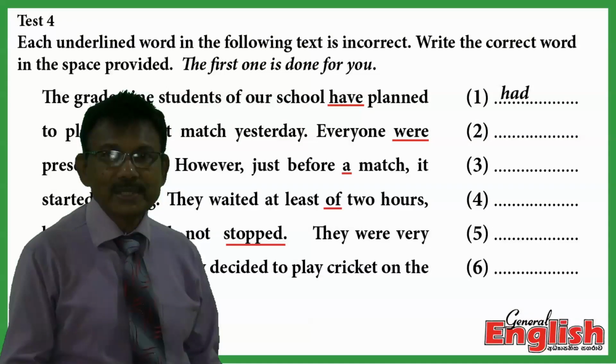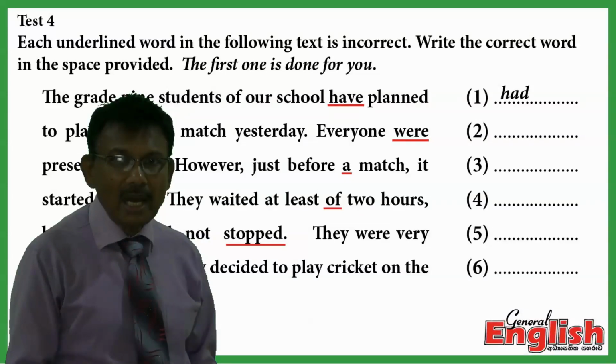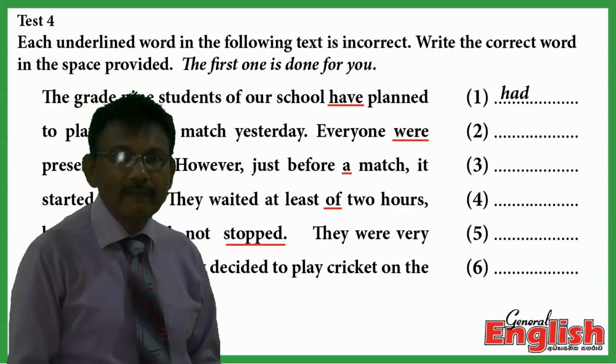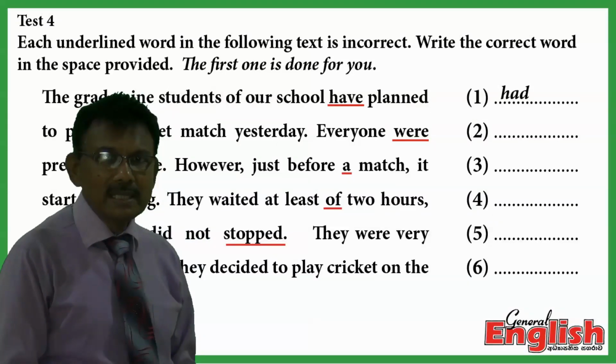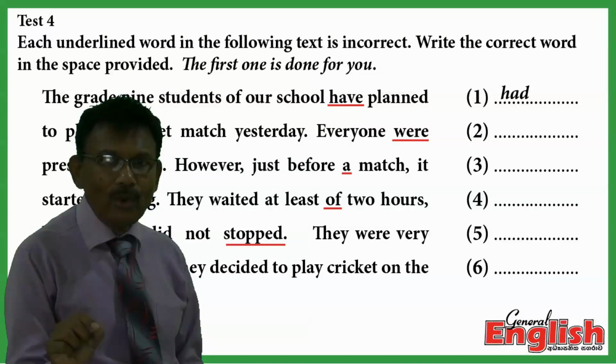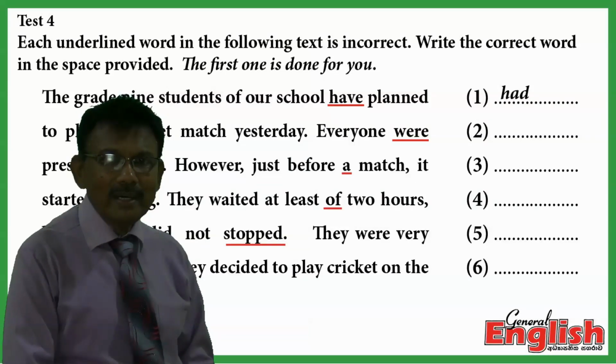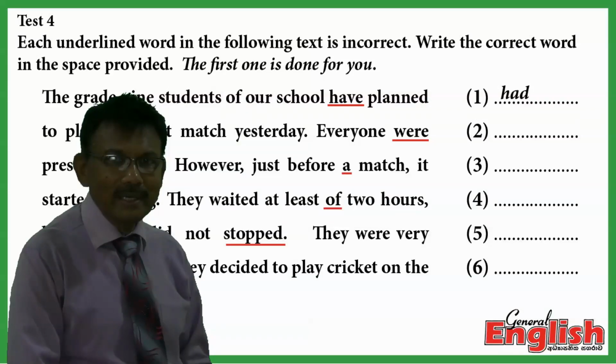I hope you can understand that question. Incorrect means not correct or wrong. When something is wrong, we say incorrect, not correct. So, underlined words: when there is a line drawn below a word, we call it an underlined word.